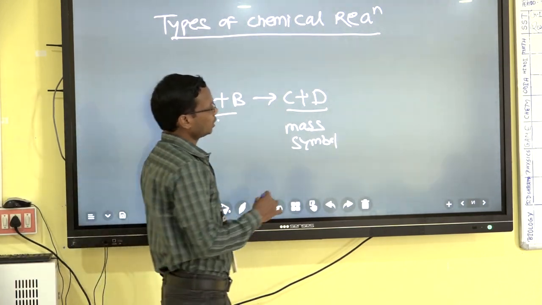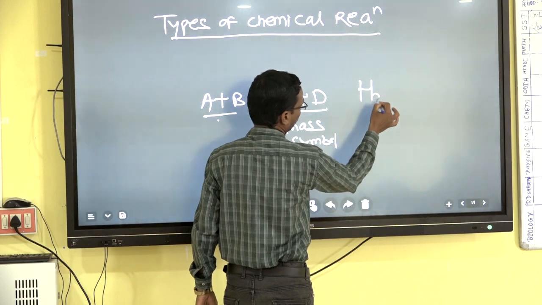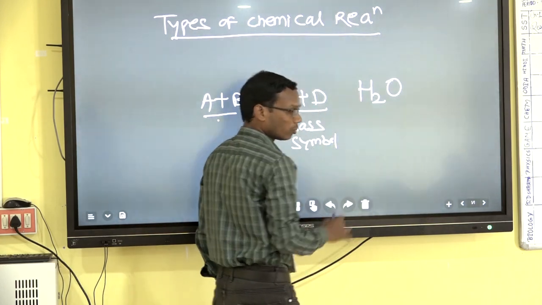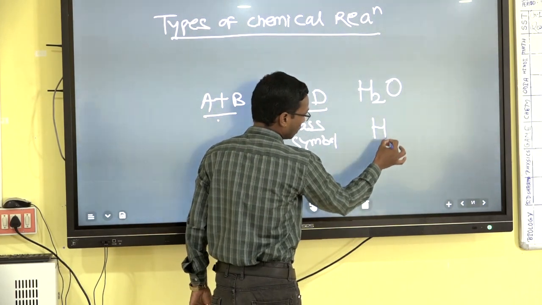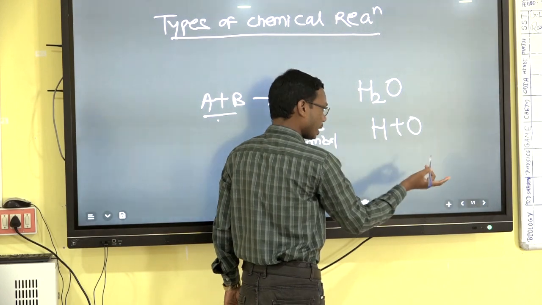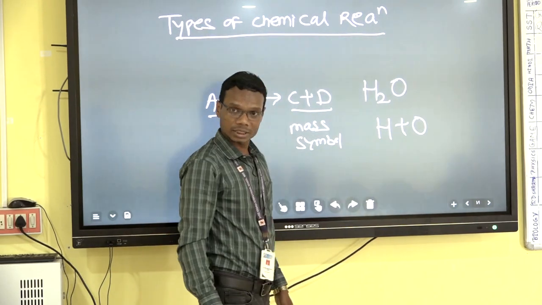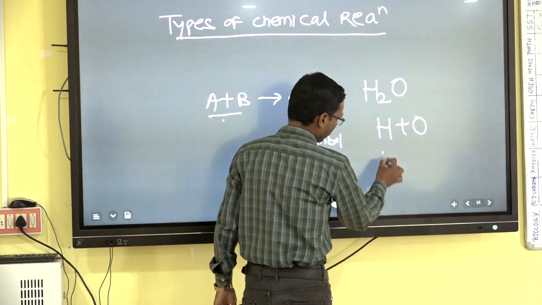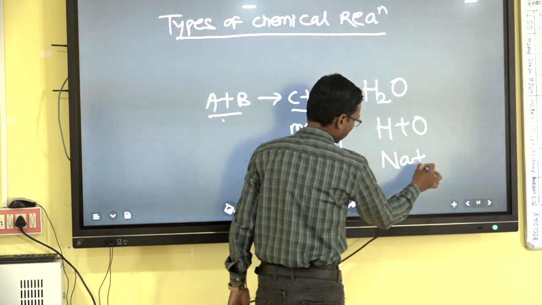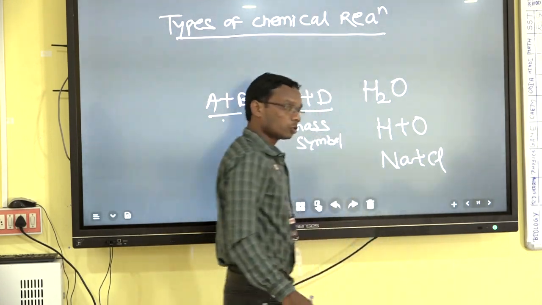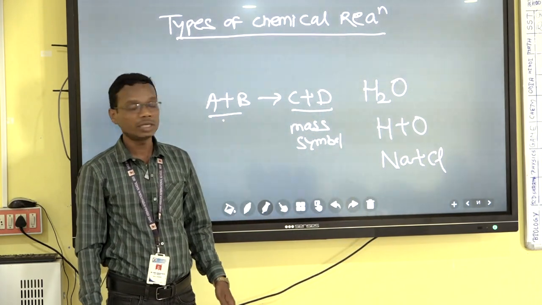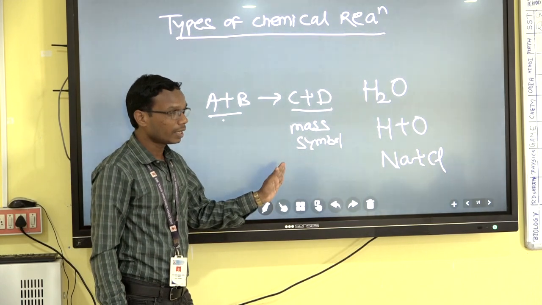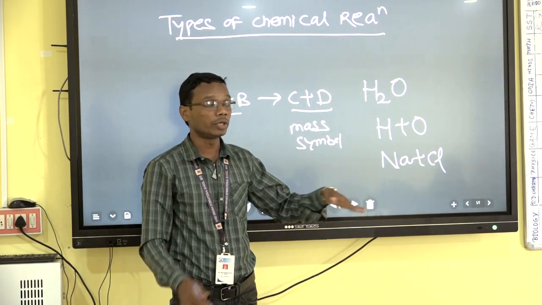As in the previous class you know, H2O is formed by a bond between hydrogen and oxygen, and NaCl, that is common salt, is formed by a bond between sodium and chloride. So, in a chemical reaction, there is breaking and forming of new bonds.